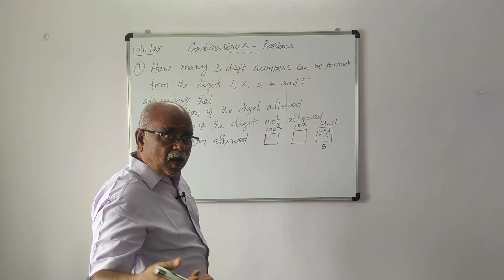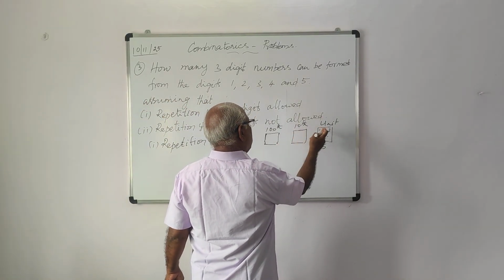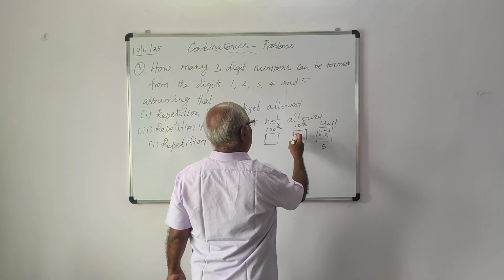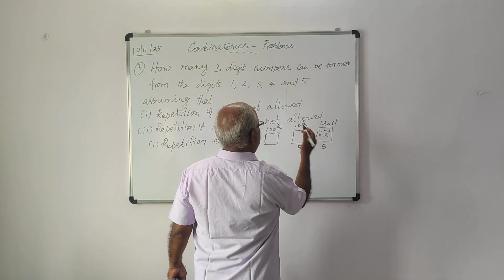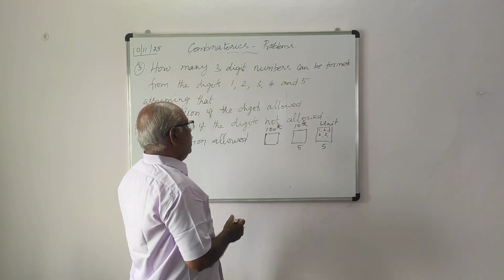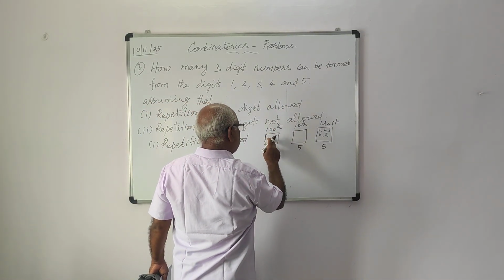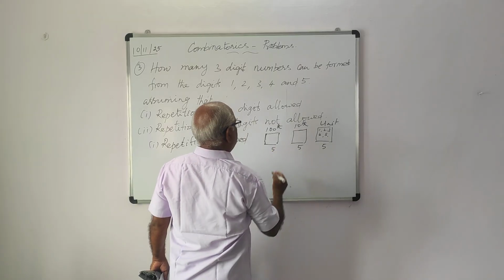Repetition of digits is allowed, therefore in the 10th place also you can use any one of these 5 numbers. Therefore, the 10th place is also filled in 5 ways, and the 100th place is also filled in 5 ways.